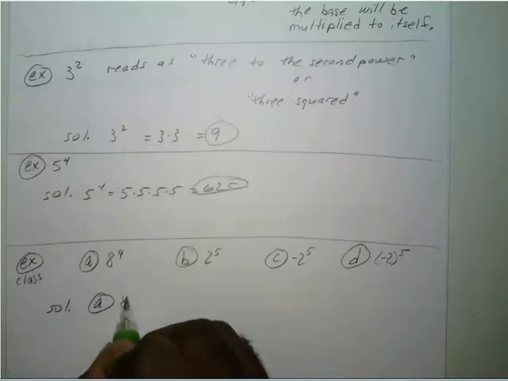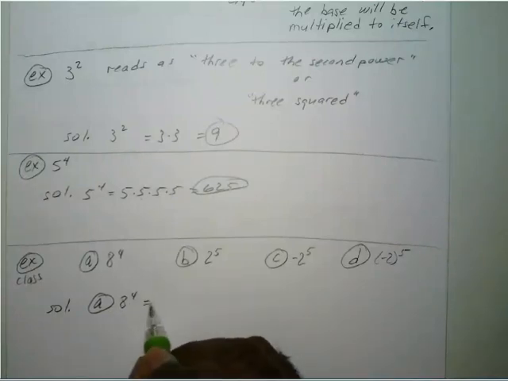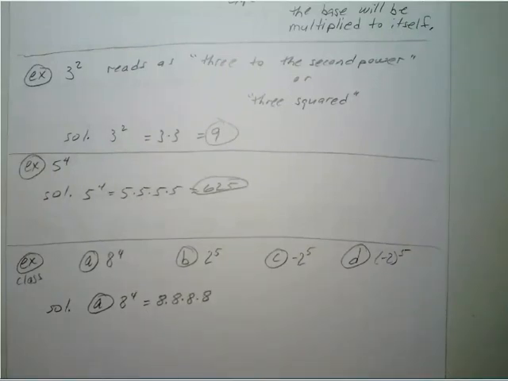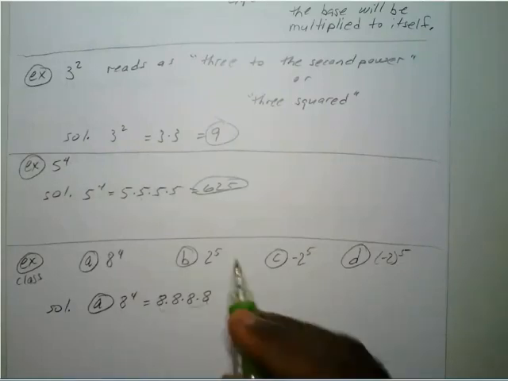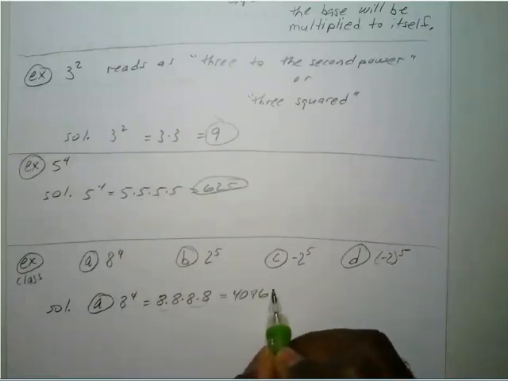Okay, so you have 8 to the 4th power. Your base of 8 is going to be multiplied to itself 4 times, which is 8 times 8 times 8 times 8. Okay, so if you multiply these two, you get 64 times 64, which is 4,096.